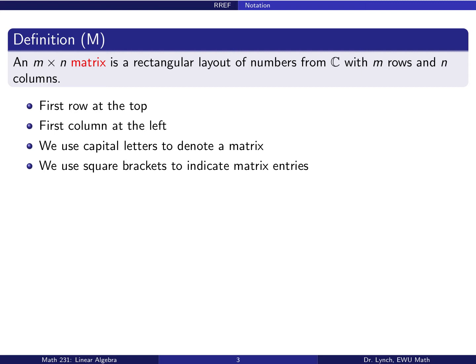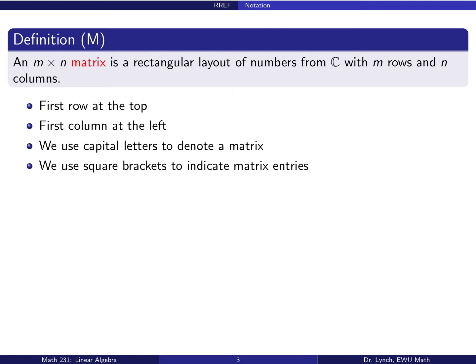Okay, so we'll start off with some notation here. Many of you have seen a matrix before, but we'll define it here. An M by N matrix is a rectangular layout of numbers. These numbers are generally over the field of complex numbers, although most often we'll only deal with real numbers. Our matrix has M rows and N columns.